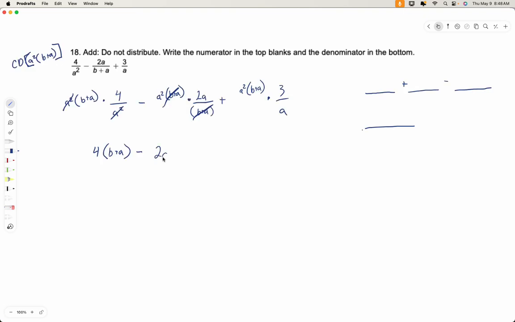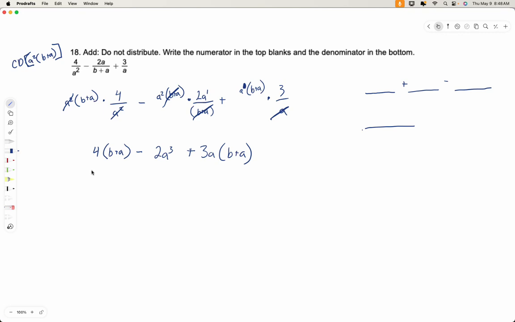That's going to be 2a cubed because we add the 2 and the 1, right? And then one of the a's in here is going to cancel one of the a's in here. So basically, this just becomes a times b plus a. So that's going to be plus 3a times b plus a.